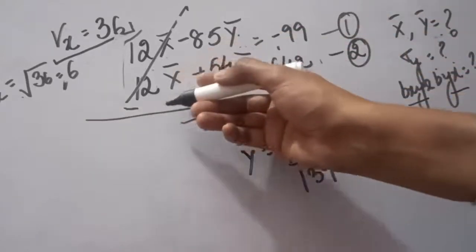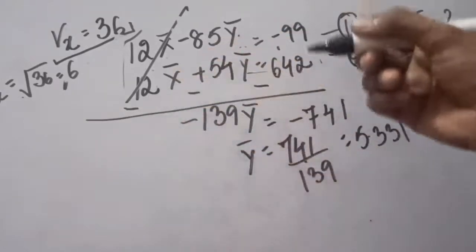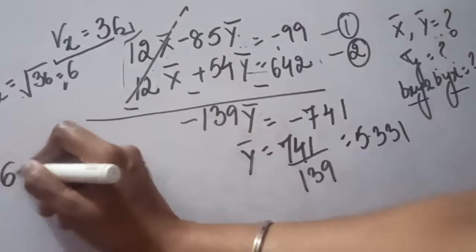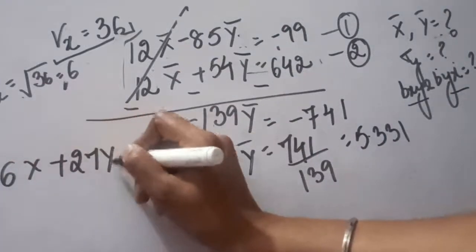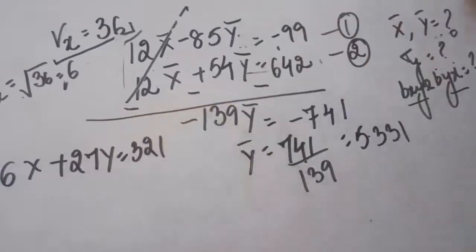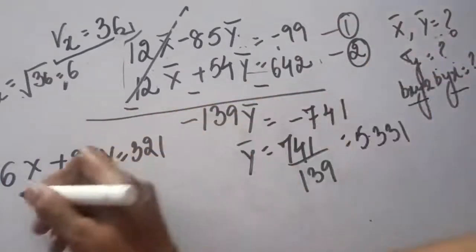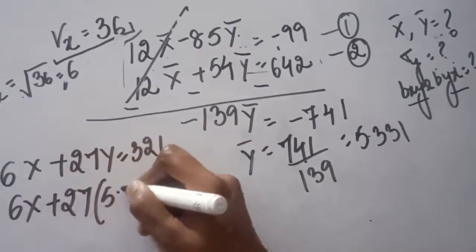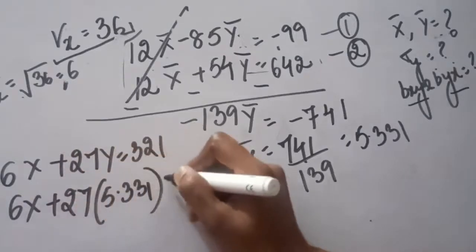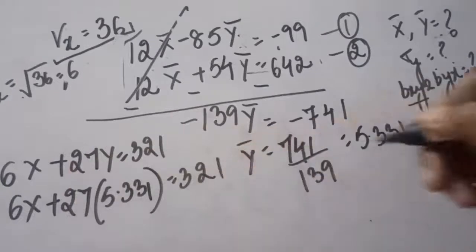So I am going to fill this value in my second original equation. My second original equation was 6x plus 27y equals 321. So 6x plus 27 times 5.331, the value of y, equals 321.